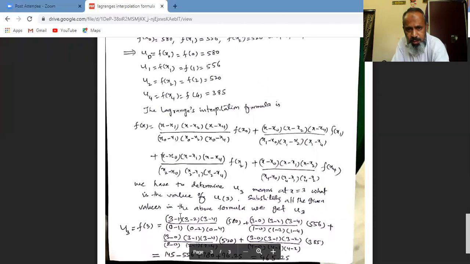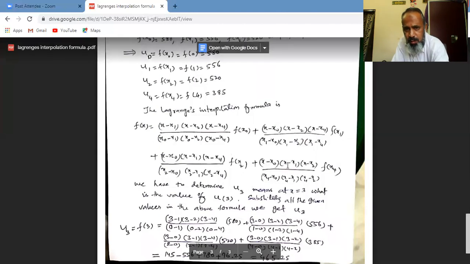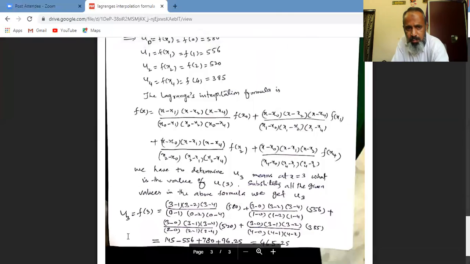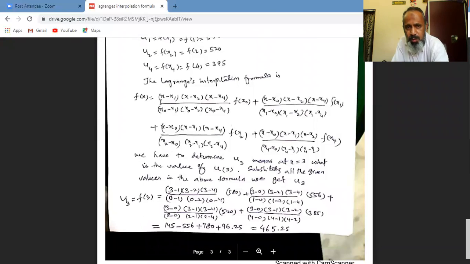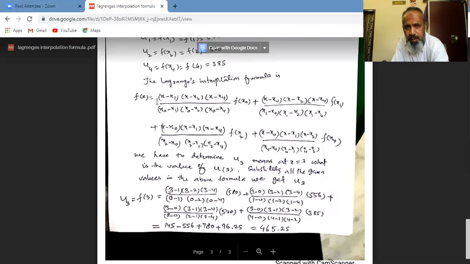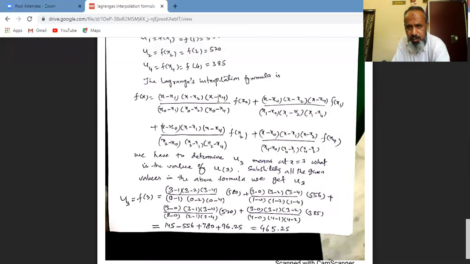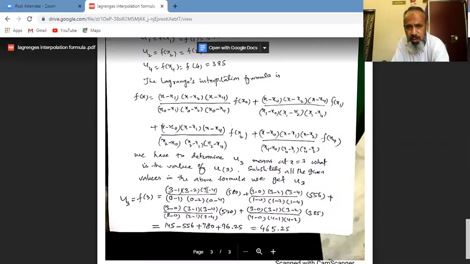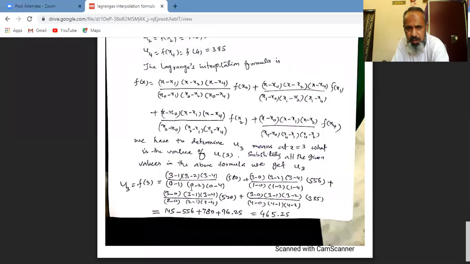Now we are substituting x is equal to 3 in the given formula, so to get u3 is equal to f of 3, the value of the function at x is equal to 3. Substitute in place of x, and in place of x0, x1, x2, x4, f of x0, f of x1, f of x2. So we know these values, substituting, we get this result.